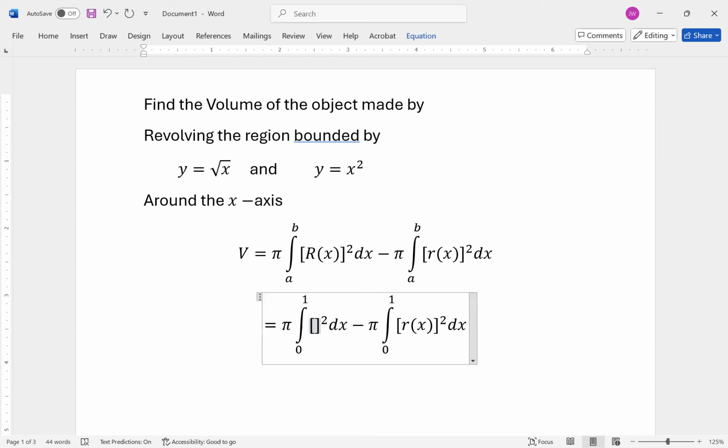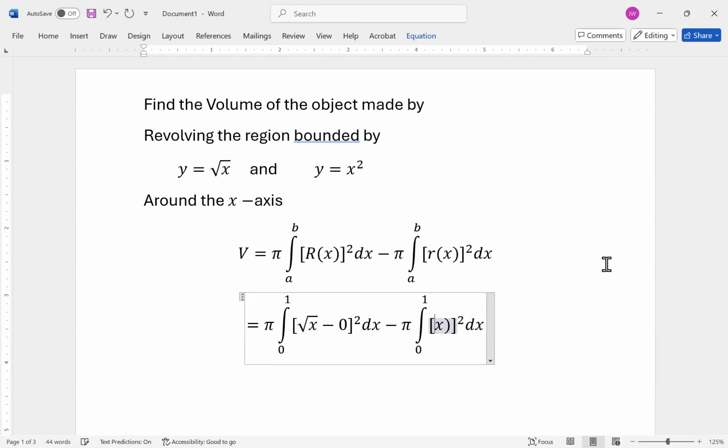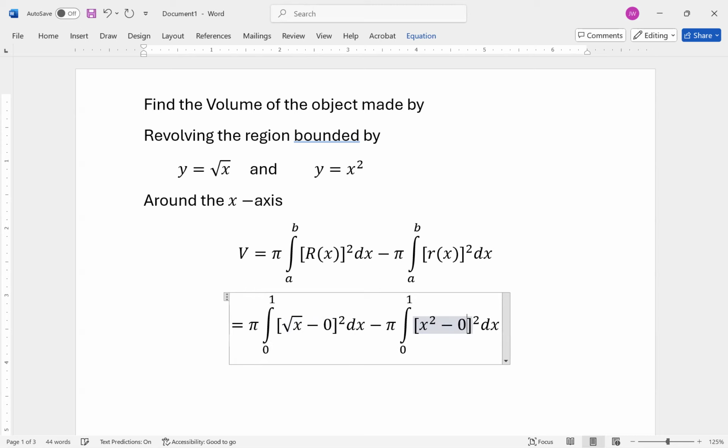The outside radius goes from the square root of x down to 0. The inside radius is going to go from x squared down to 0, down to the x-axis, which again is the line y equals 0.